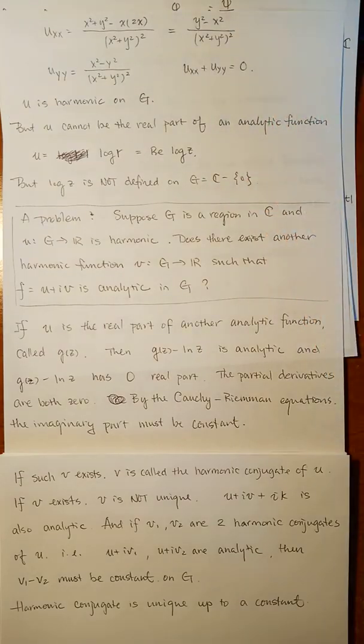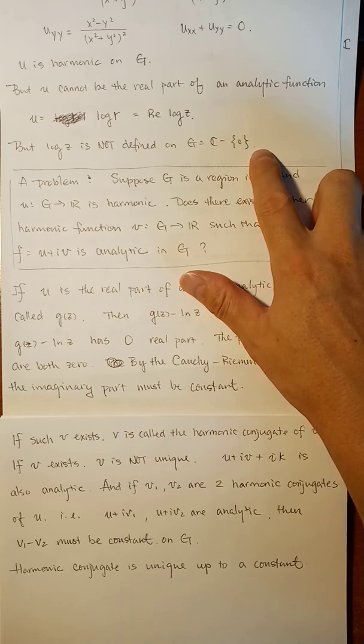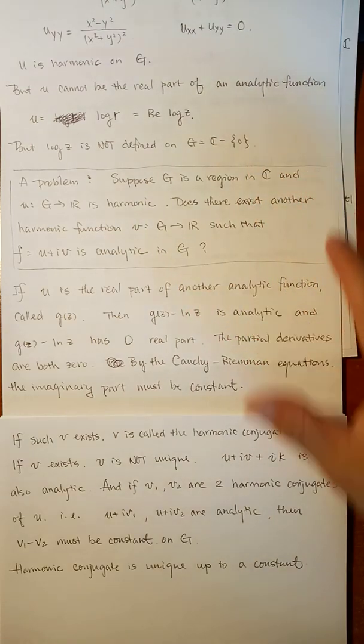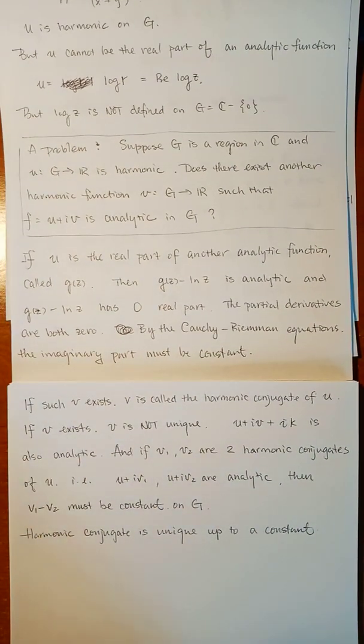You just let u be x, then v be y, and everything is solved. In a general region, we have no idea how to do it, but in certain special regions, we can solve it. So in the next video, we're going to see a theorem which will tell us how to find a harmonic conjugate for certain regions. Okay, thank you.